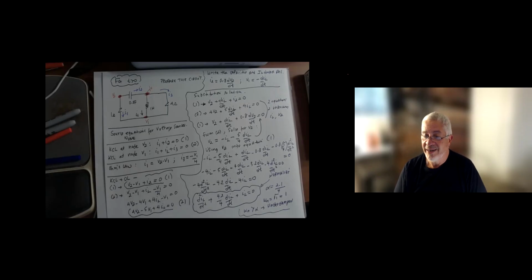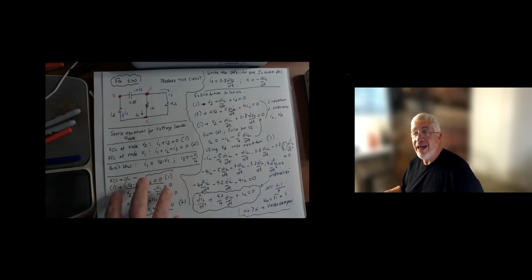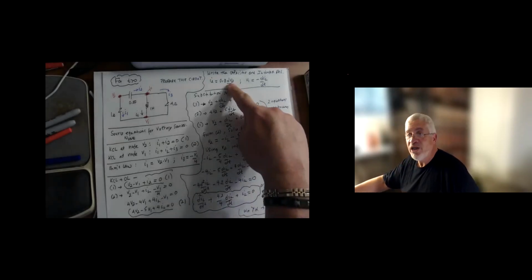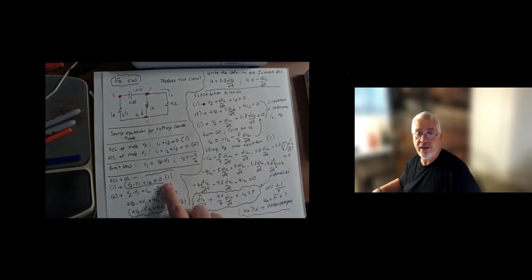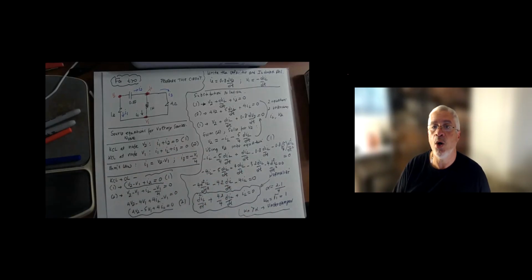But that's the typical process here that we go over, essentially embedding those relationships for the inductor and capacitor into our nodal analysis, typically KCL and source equations, to come up with one differential equation. So let me pause here and go to the PowerPoint to try to finalize this solution.